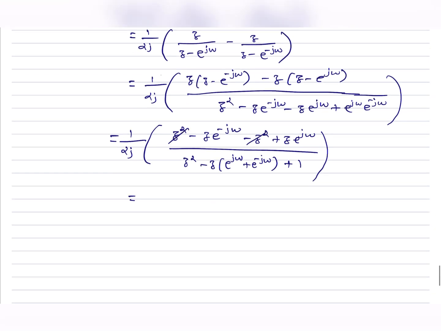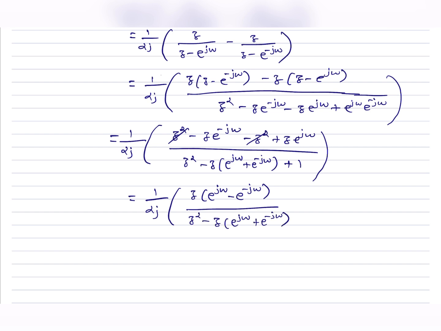Now this expression can be simplified: z square and negative z square cancel out, giving only 1 over 2j, and taking z common from the numerator, we have z into e power j omega minus e power minus j omega divided by z square minus z into e to the j omega plus e to the minus j omega, plus 1.